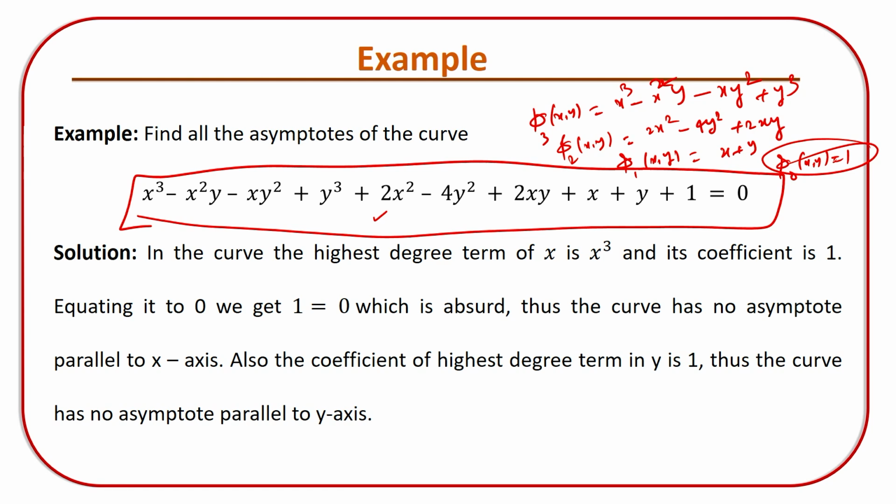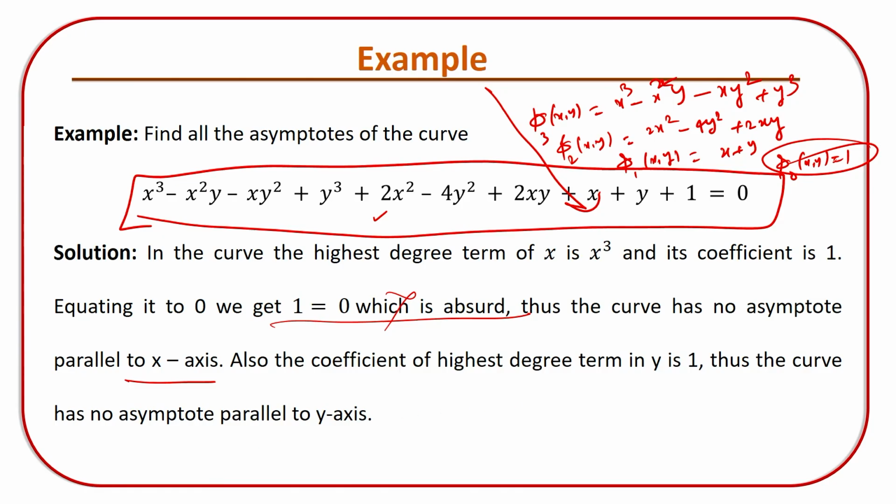And firstly, we have to check whether the curve has a horizontal asymptote or a vertical asymptote or not. This is for the oblique asymptotes. So, in the curve, the highest degree of x is 3 and the coefficient is 1, equating it to 0, we get 1 equal to 0, which is absurd. It cannot happen, and hence there is no asymptote parallel to the x-axis.